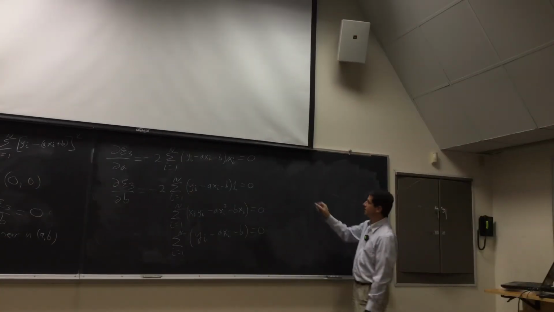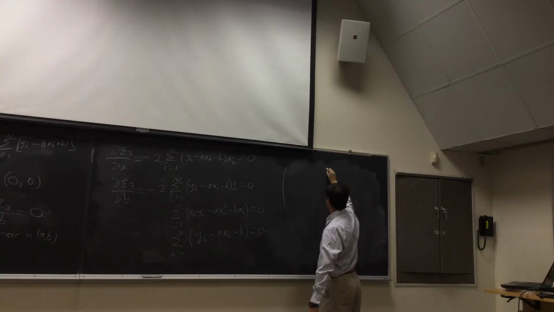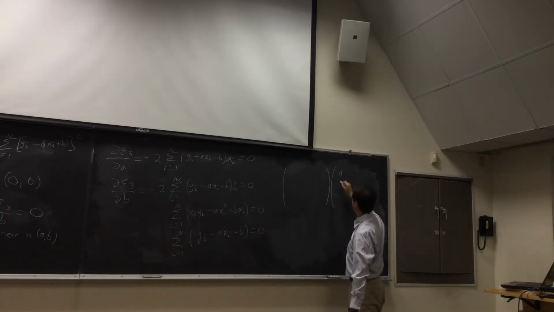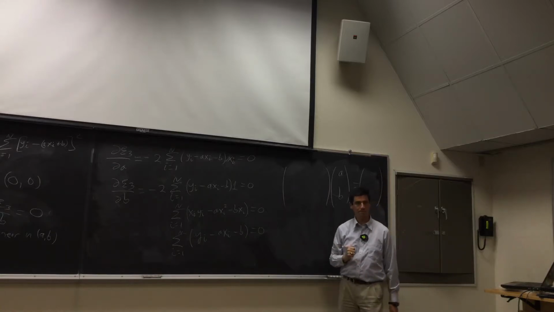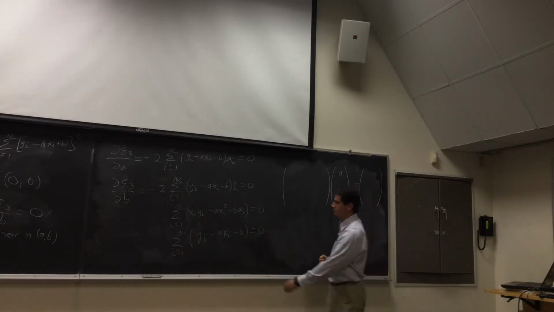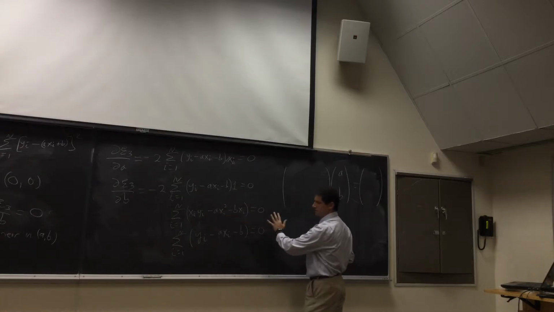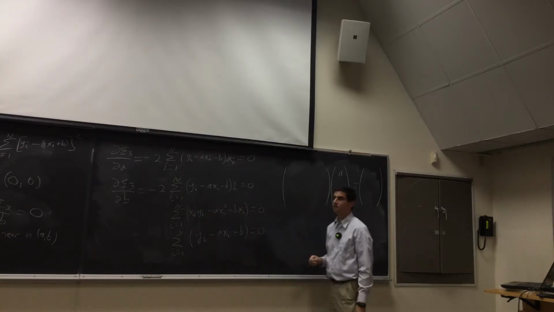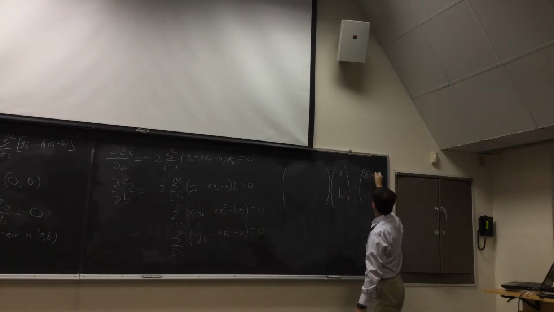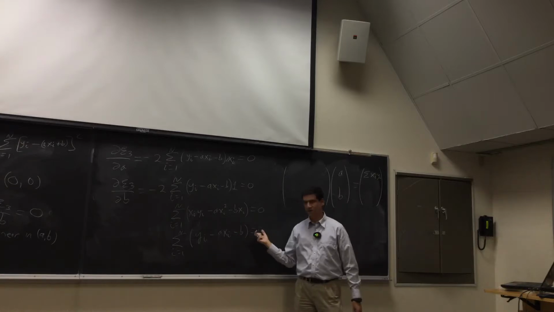So I want to write this in matrix form. So something times (a, b) equals something. So when we look at this, I'm going to bring all this stuff over to the other side. And the first component is going to be the sum of xi yi. What's the second one going to be?